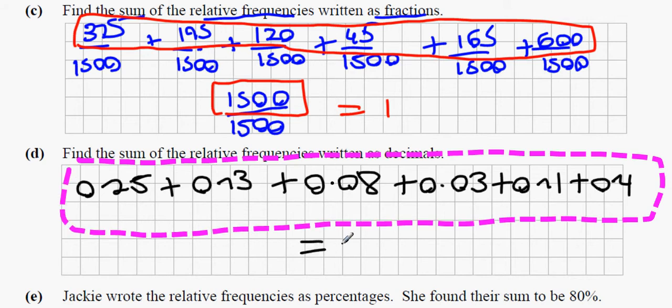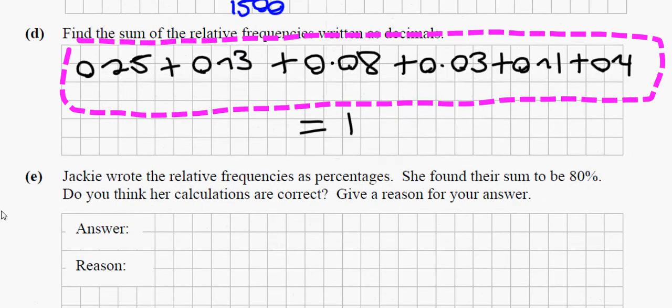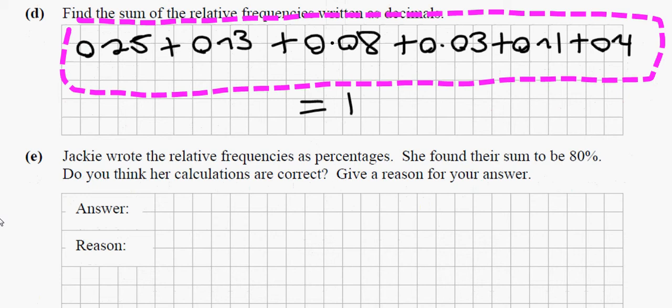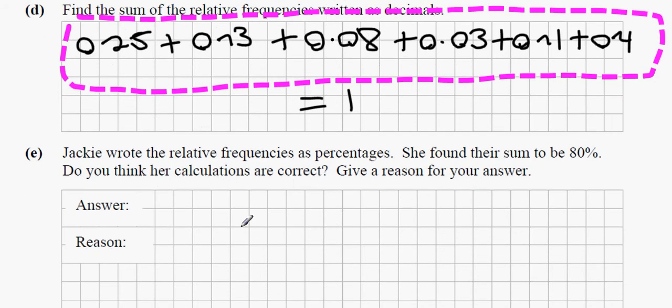Now, Jackie wrote down the relative frequencies as percentages. She found their sum to be 80%. Do you think her calculations are correct? Give a reason for your answer. The answer is no. The reason is this: 1 equals 100%, so it should add up to 100%.